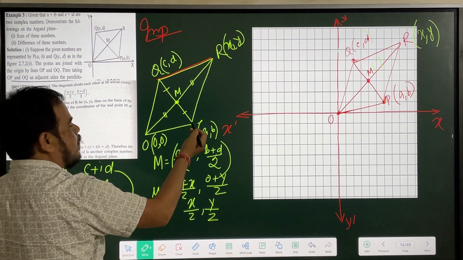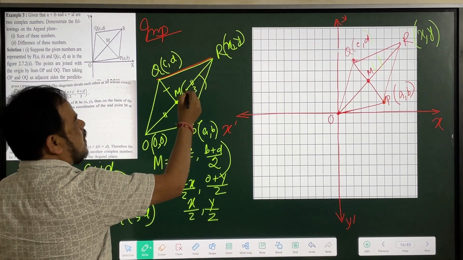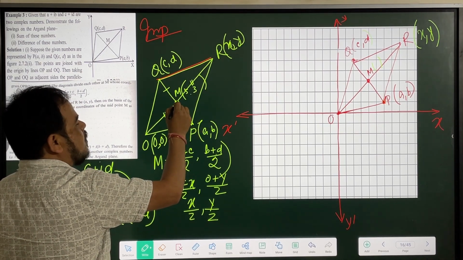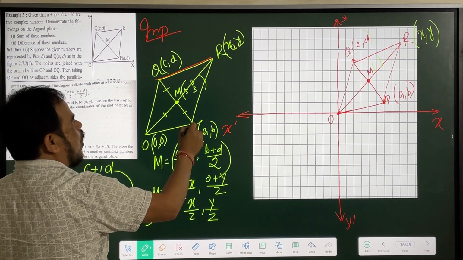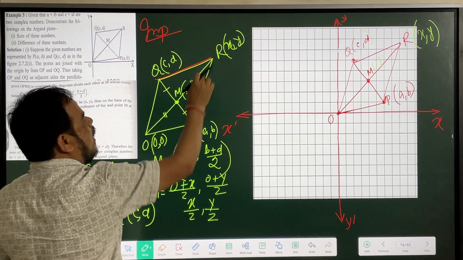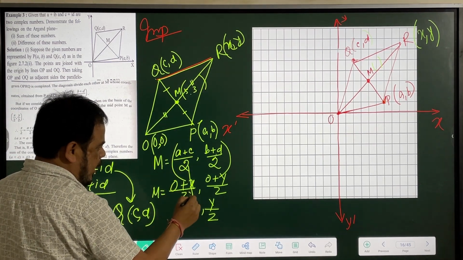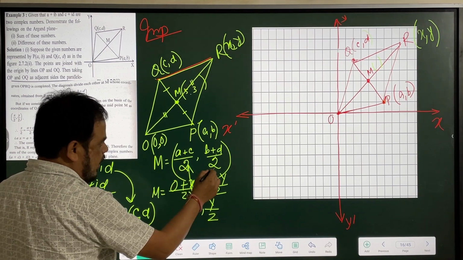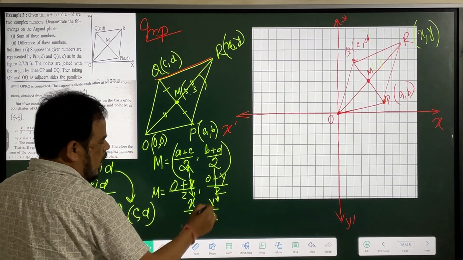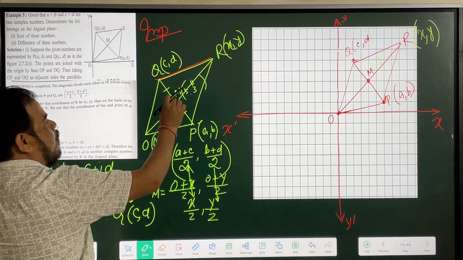But the point is the same. Suppose the coordinate of M is 5, 3. If M is the midpoint for PQ, the coordinate is 5, 3, then for OR it cannot change. So A plus C by 2 and x by 2 are equal, and B plus D by 2 and y by 2 are equal, because 5, 3 will be the midpoint for both.